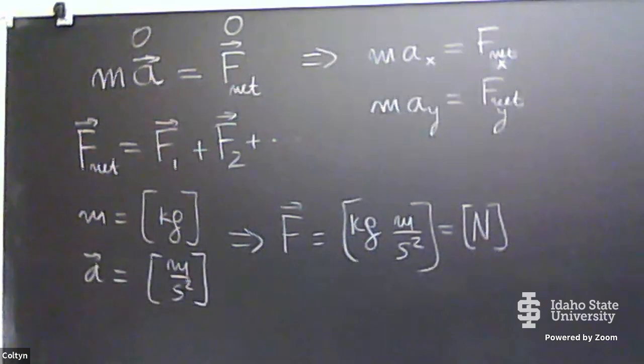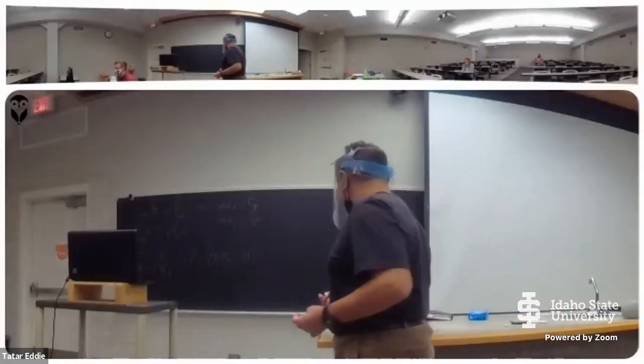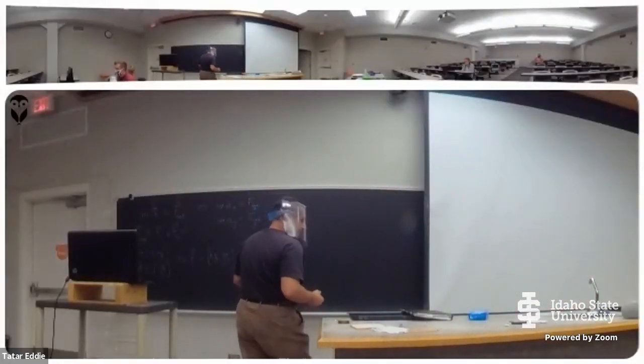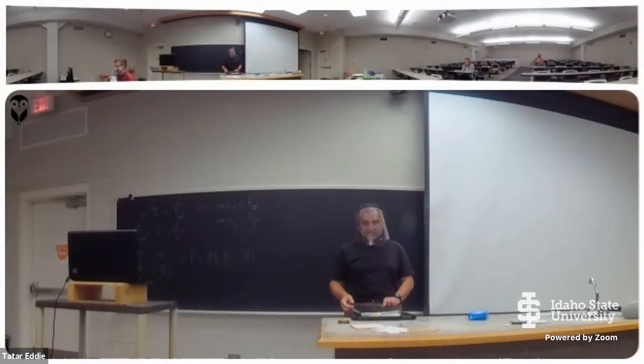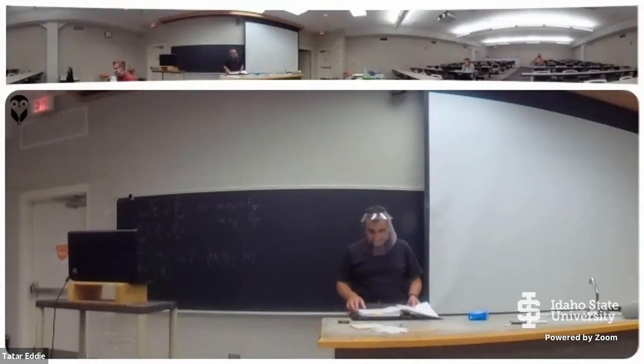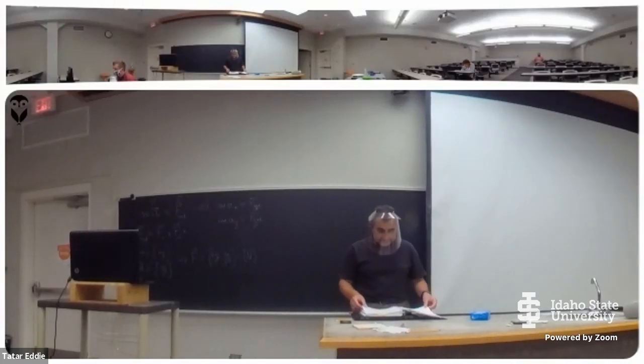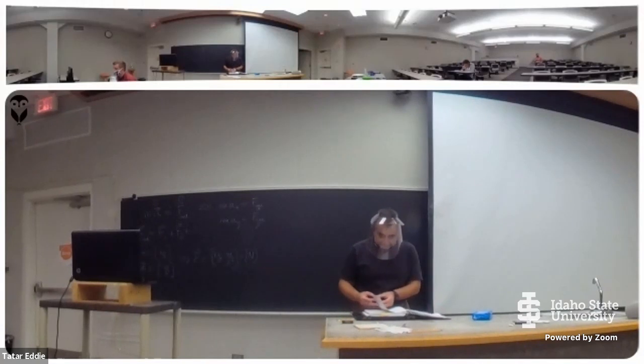Okay, now we talked about different forces, but now we have to give examples with the most common forces that occur in nature. Let me look at what the order of those forces is.